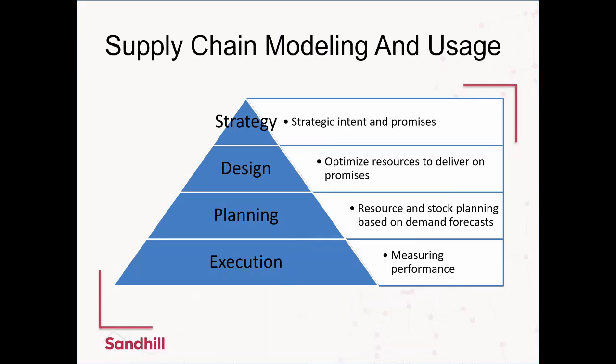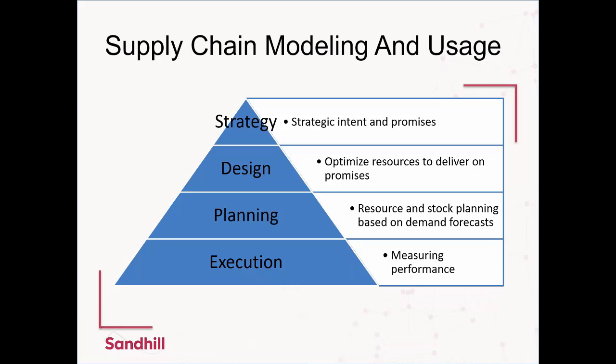But again, where do you start? So the first thing that you really need to think about is the strategy. And the strategy means that we're looking at the strategic intent. So it's a case of saying, right, for my particular supply chain, well, what makes this unique? Yeah, what's its unique selling points? What's the value?